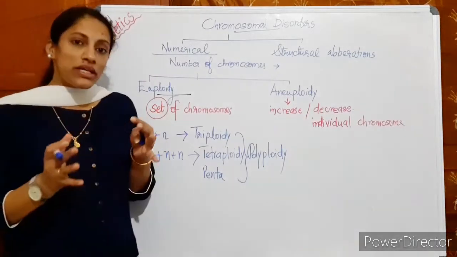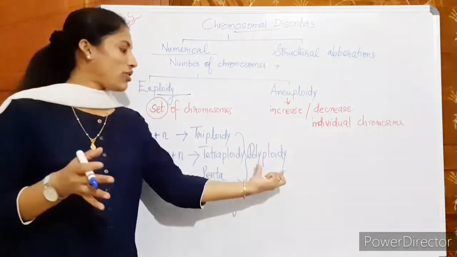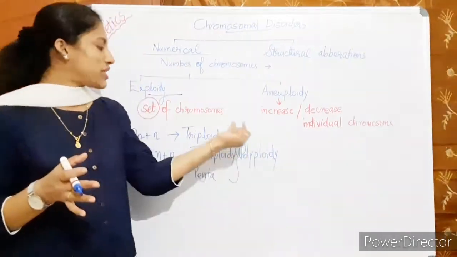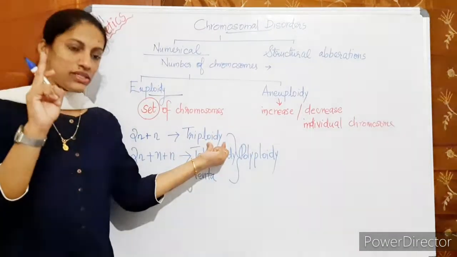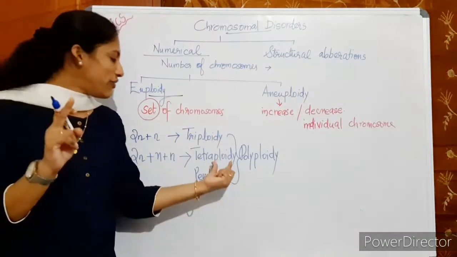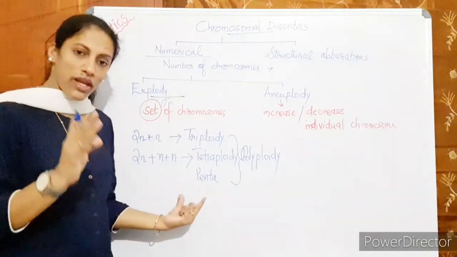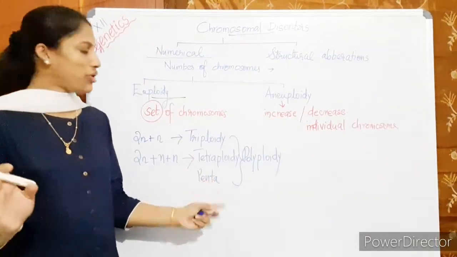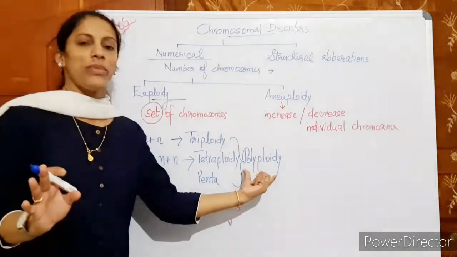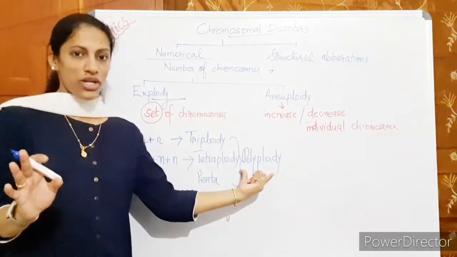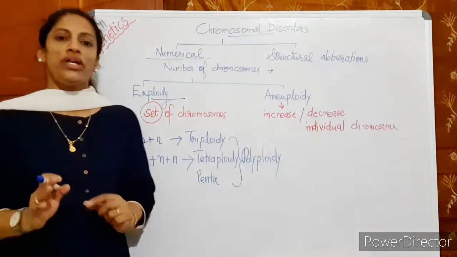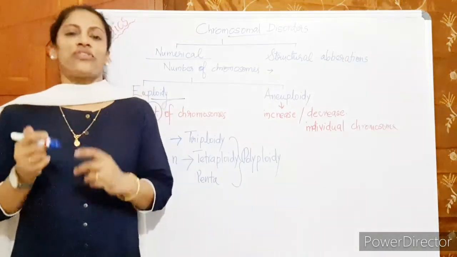And if there is an increase in sets of chromosomes, we can call it polyploidy. It can be triploidy if one set is added to the normal, and tetraploidy if two sets are added. Likewise, pentaploidy, hexaploidy. So, polyploidy is a common case in plants. Are you okay? So, what is euploidy? Increase in sets of chromosomes.